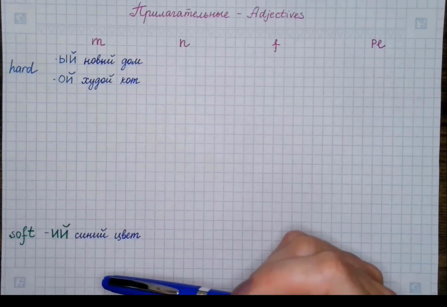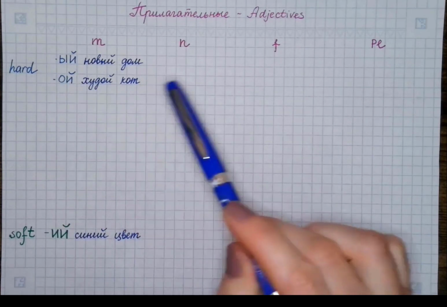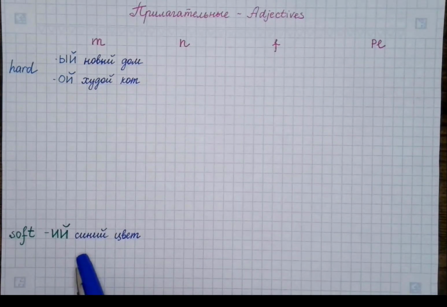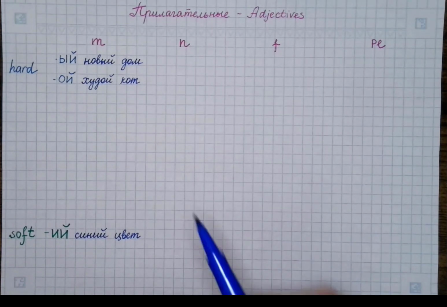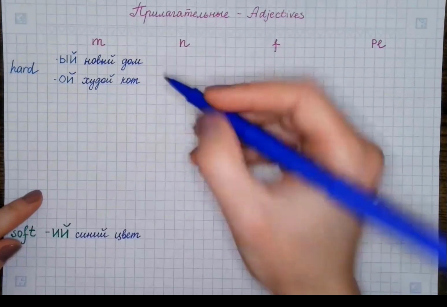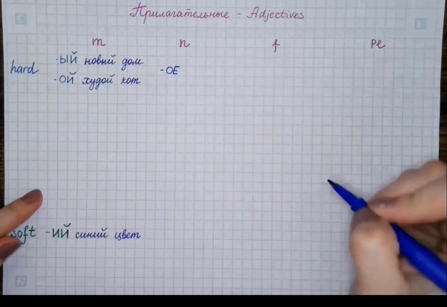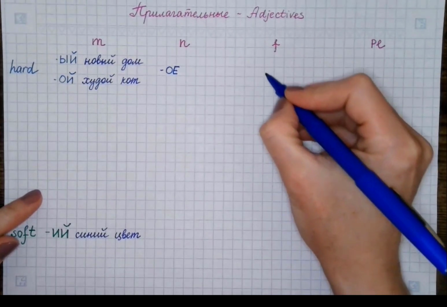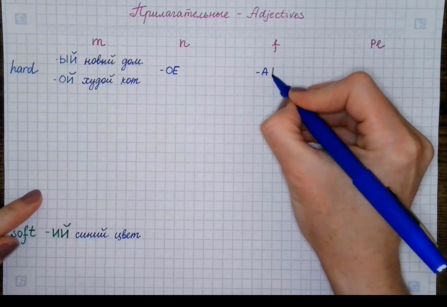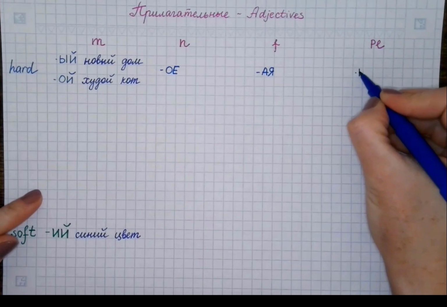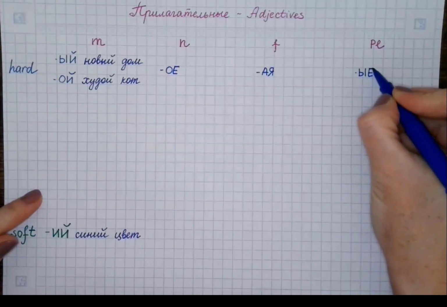Now, the rule of thumb is that the hard endings will stay hard through all of the transformations, and soft endings will stay soft through all of the transformations. So let's take a look at what we will have. So both ый and ой will change to ое for neutral, and they will change to ая for feminine, and they will change to ые for plural.